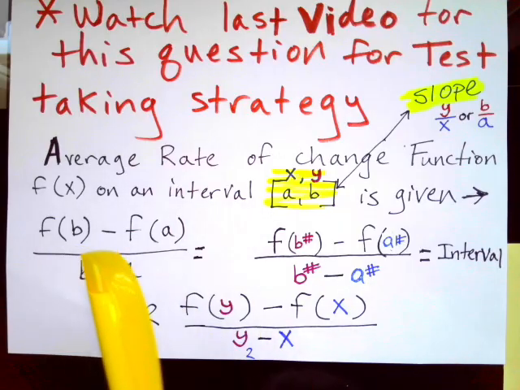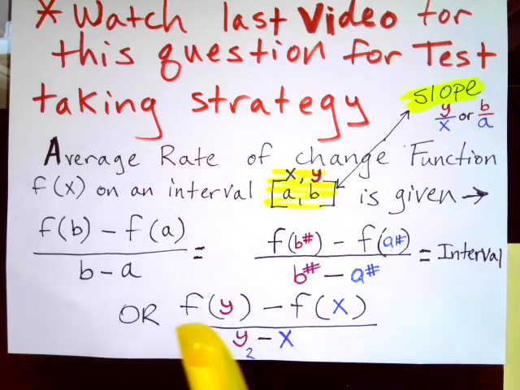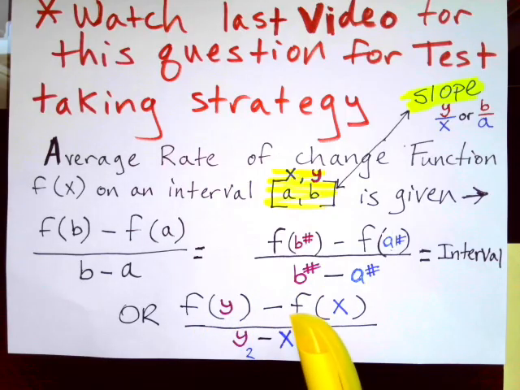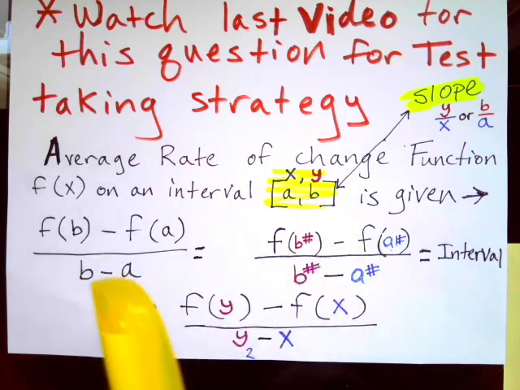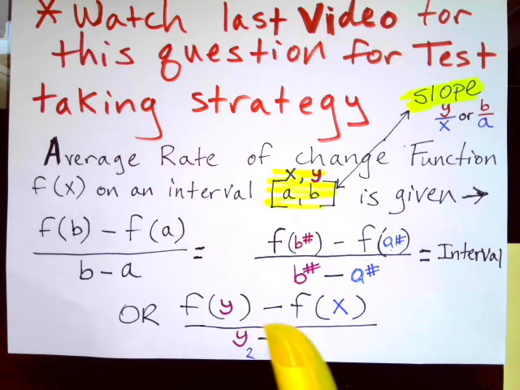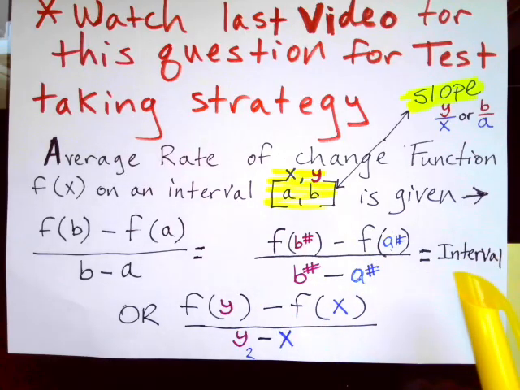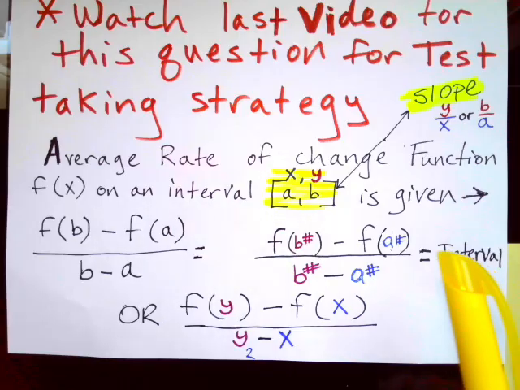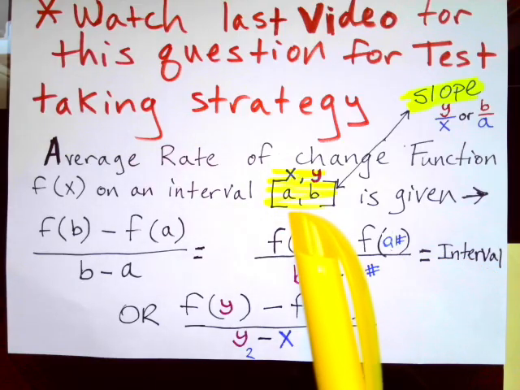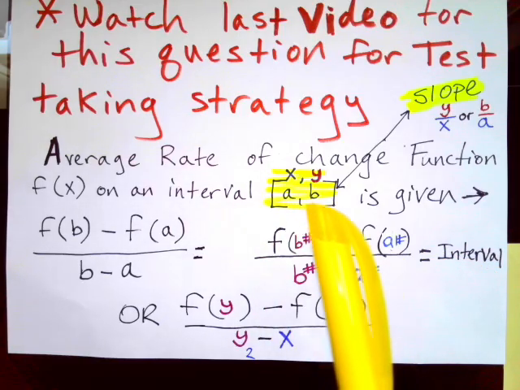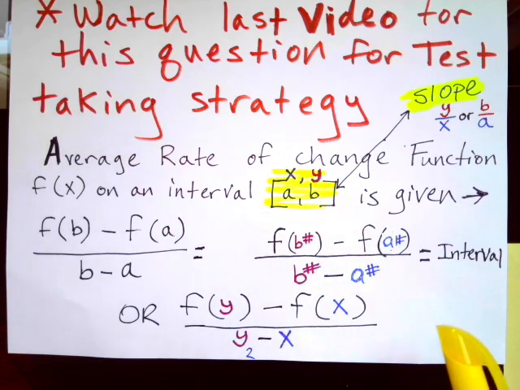Okay, so this is just the exact same formula, three different ways to write it or to understand it. Once you simplify, whichever one you choose to use for understanding, once you simplify it, that will give you the interval value in A, B, C, D, E option answers. That's right next to your bracket or your slope values.